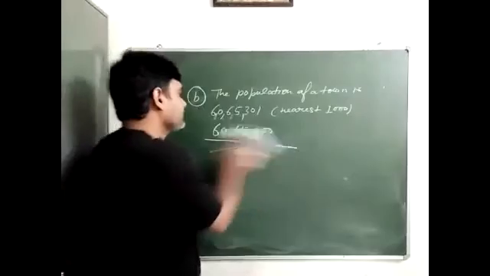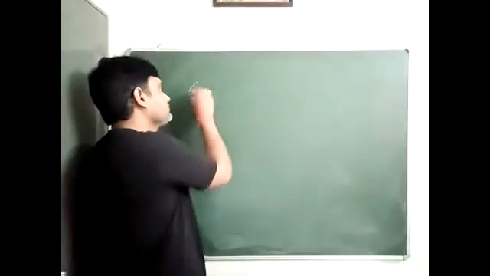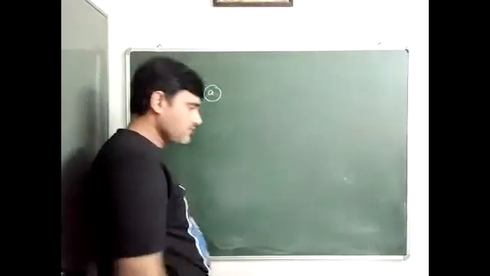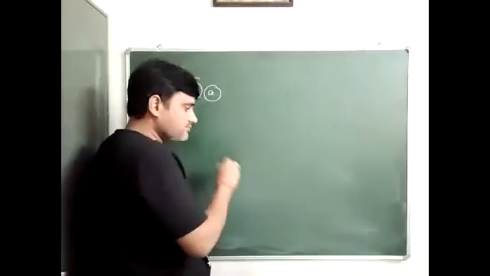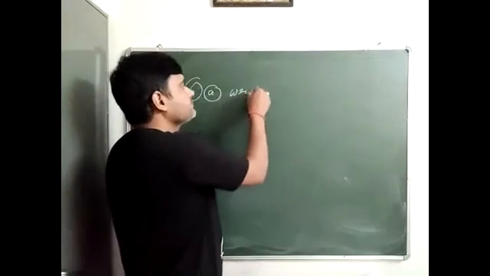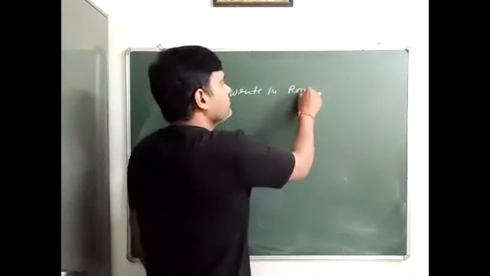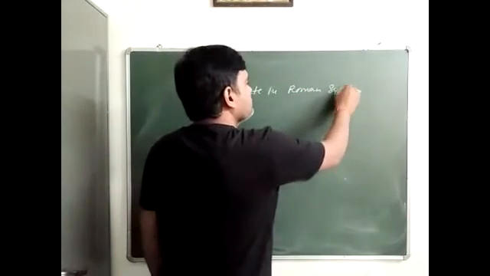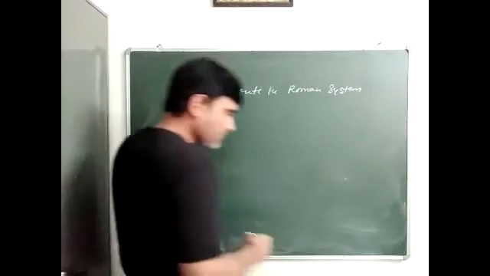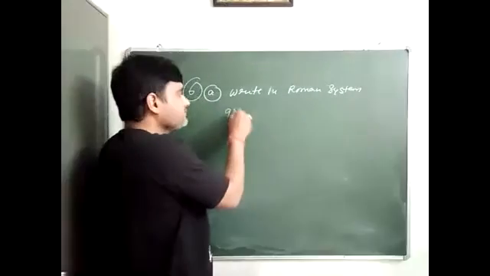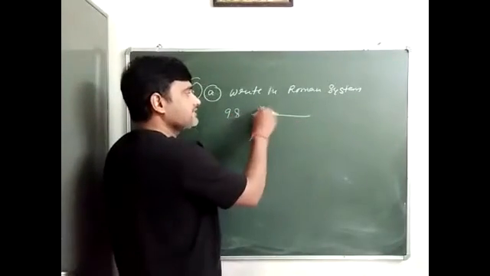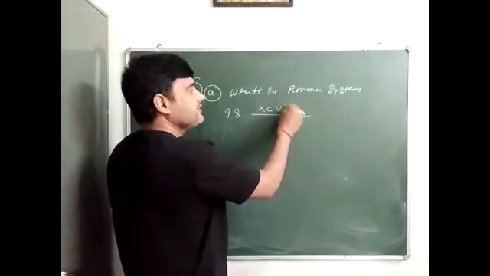Now we solve question number 6. A. Write in Roman system. 98 is XCVIII. Okay.